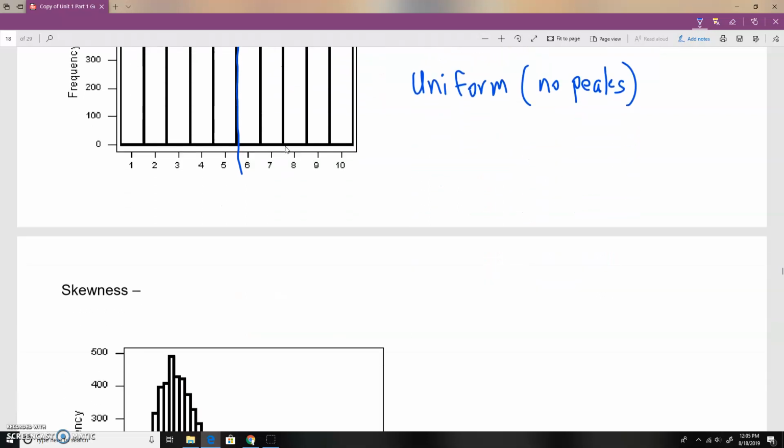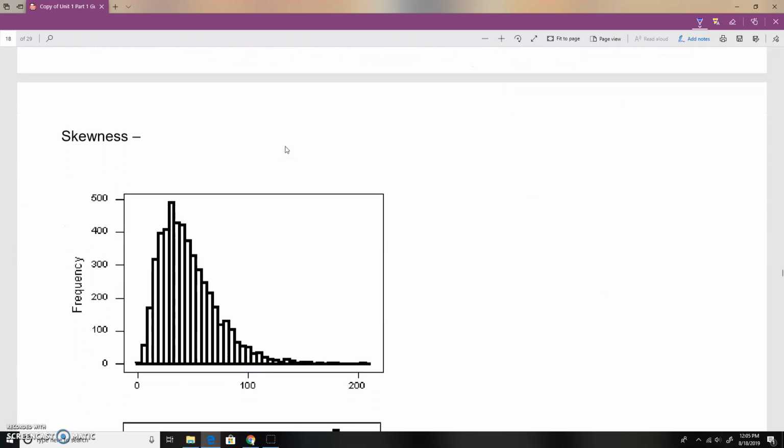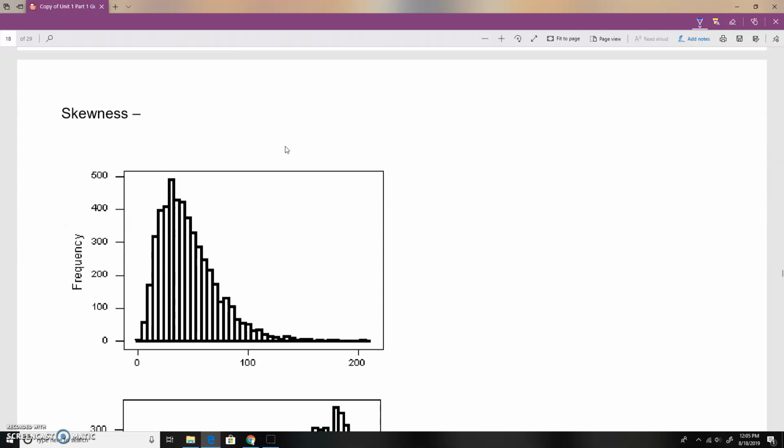Now, the second piece of describing these is something we call skewness. Skewness simply means, is it shifted left or right? If a histogram is skewed, it is no longer symmetric. We always describe these in the direction that the tail pulls off to.